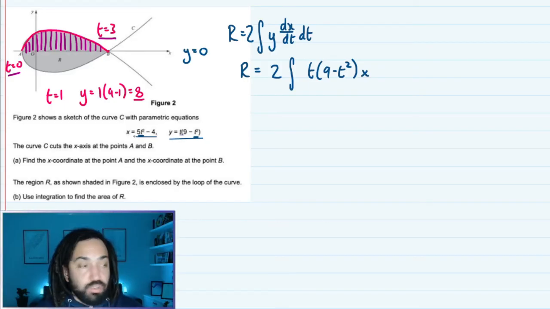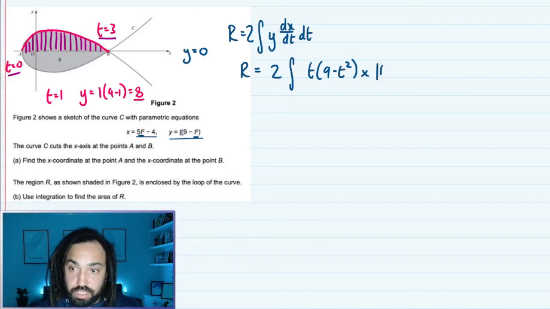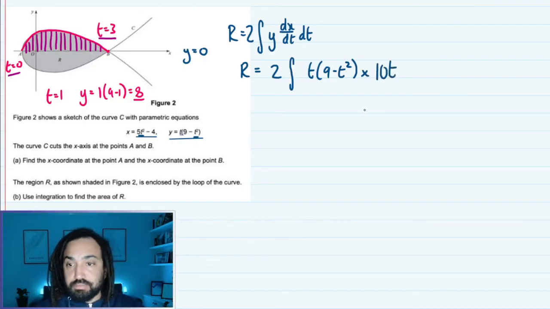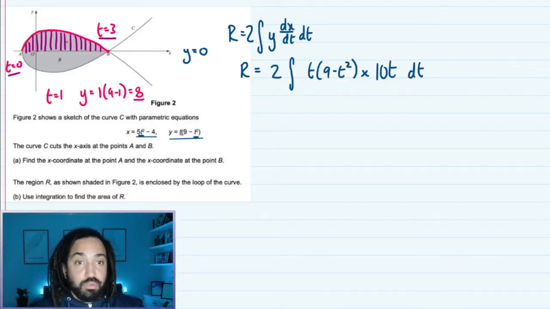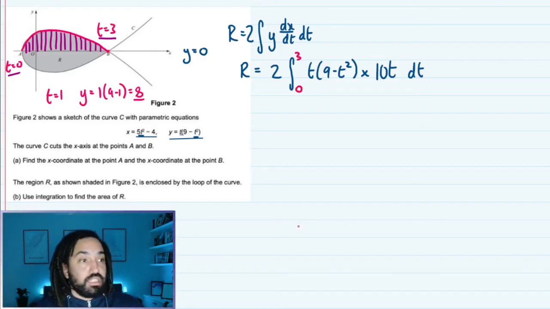The derivative of the x function is 10t, because the 2 comes down, times by the 5 to make 10, drop the power down by 1, and the minus 4 is a constant, which differentiates to 0. So 10t, with respect to t. And we need our t values, which we've shown from this diagram, are t equals 3 and t equals 0. We're integrating between those two t values.